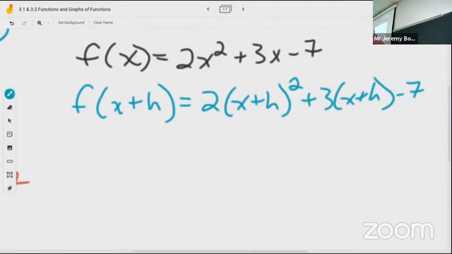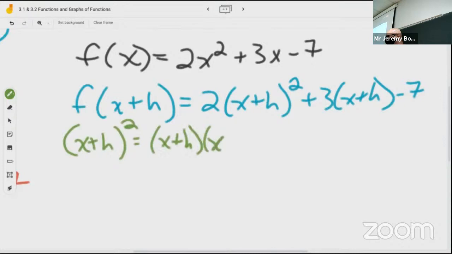The only difficult part with this, I find, is, okay, we can distribute the 3. That's not a big deal. It's going to be 3x plus 3h. But we also need to take the x plus h and square it, similar to what we did with the x plus 1 earlier, right? So I usually say, hey, let's work that out on the side. x plus h squared is x plus h times x plus h, which is going to equal what?